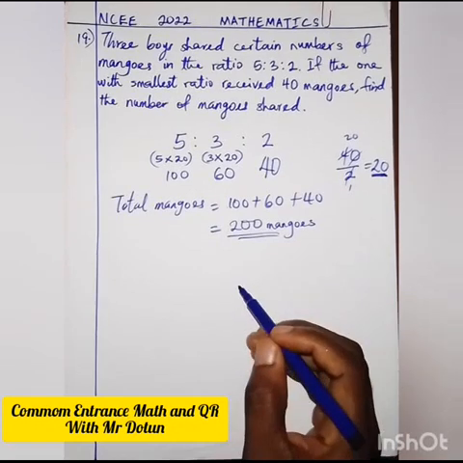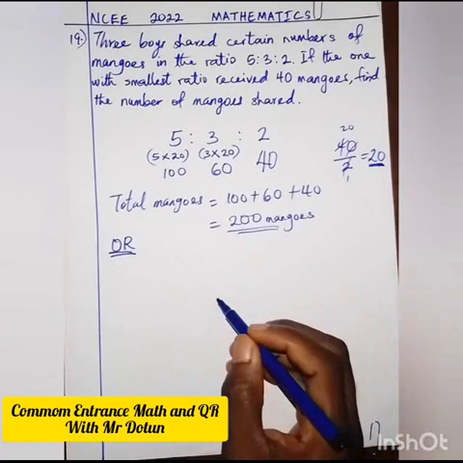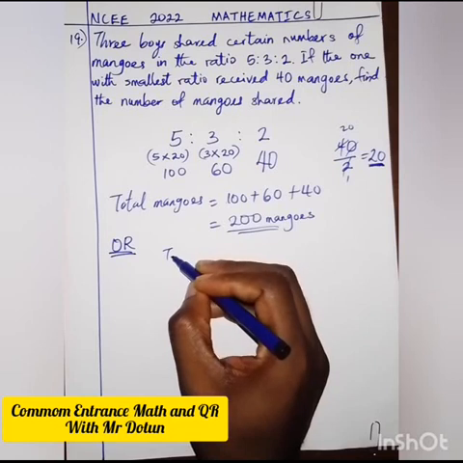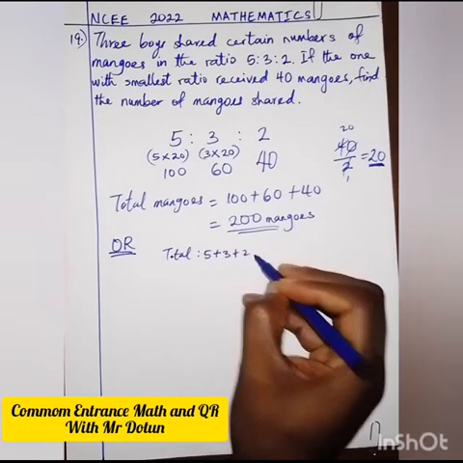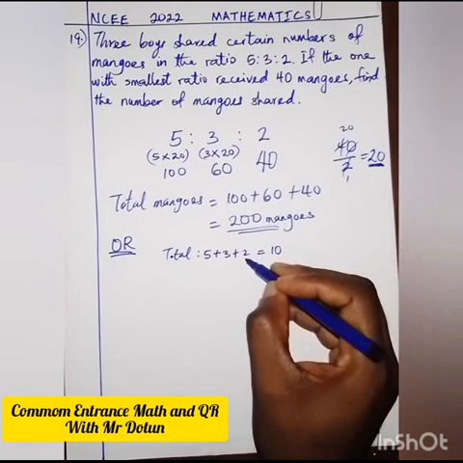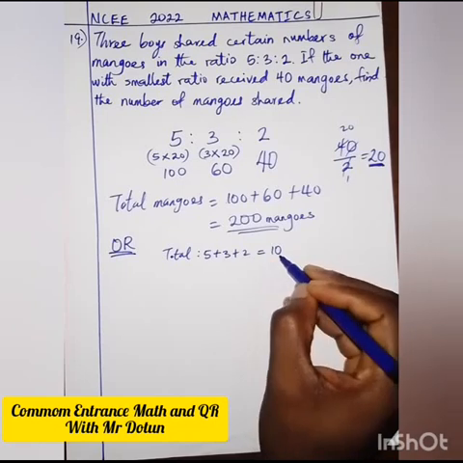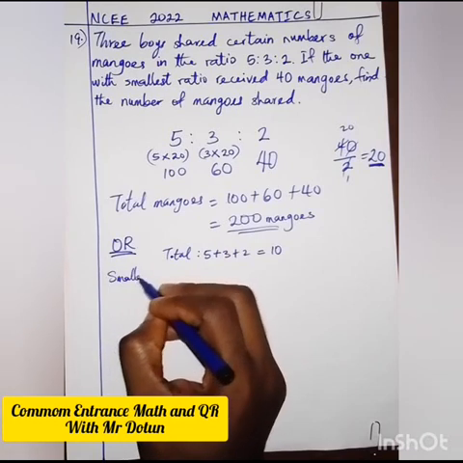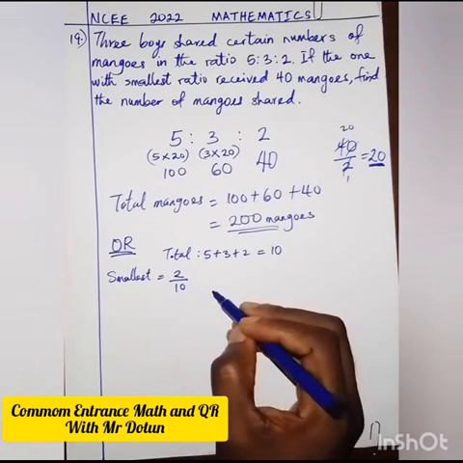I'll try another method, or we could do it this way. The total of the ratio will be 5 plus 3 plus 2, which gives us 10. The fraction of the smallest will be the ratio of the smallest over this total, so 2 over 10.